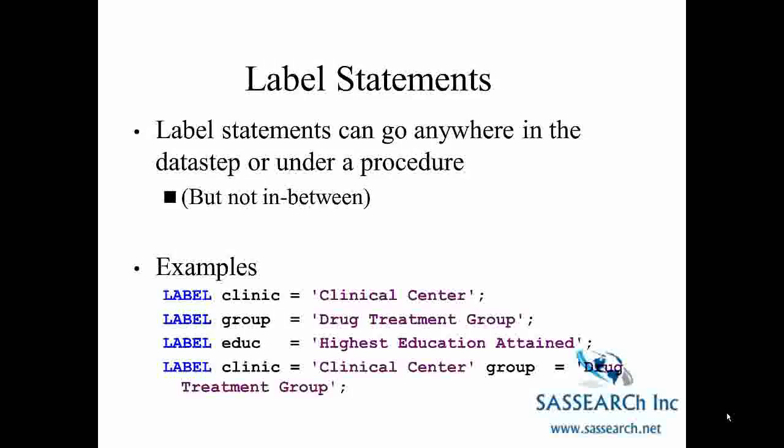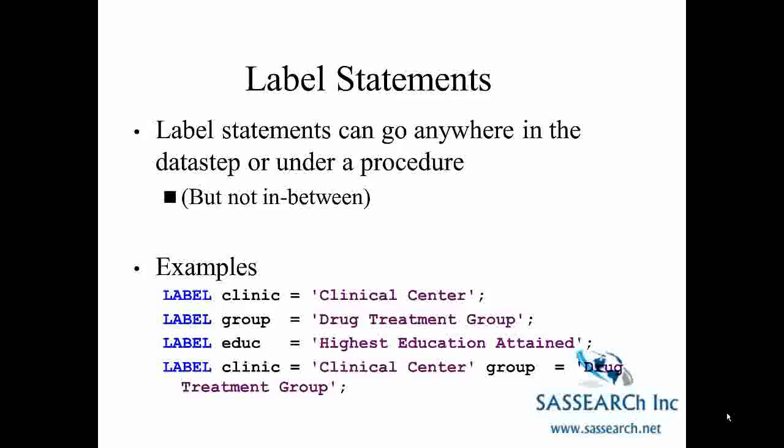Label statements can go anywhere in the data step or under a procedure, but not in between. So here are some examples. First, we have label clinic equals clinical center. So anytime that you use the variable clinic in a procedure, the label clinical center will appear to represent that variable.